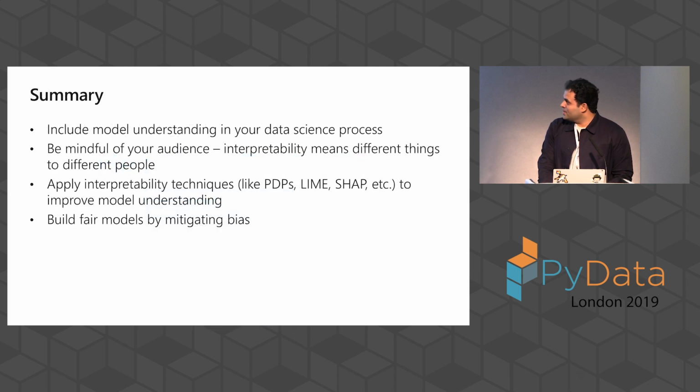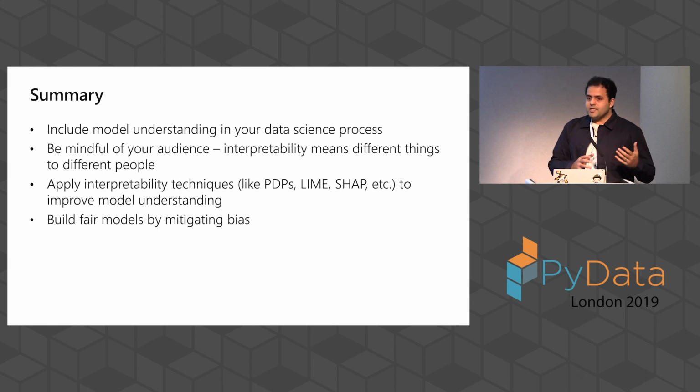So just to summarize here, we want to include model understanding in our data science process so that we can gain a much deeper understanding and not deal with these embarrassing situations of poor model performance or biases that the models are exposing. Be mindful of your audience. Interpretability means different things to different people. For us, or the majority of us, it is to build better models.